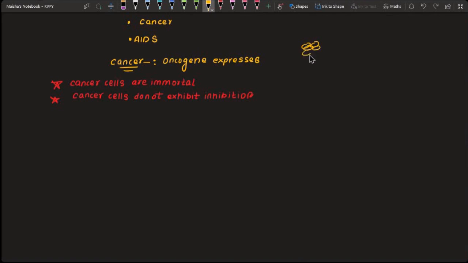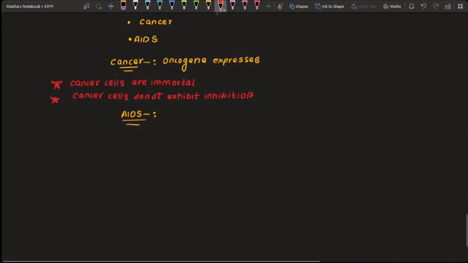So the body sends certain signals called stop signals, so that contact inhibition is avoided, because when it takes place, certain cells of the body will die. The body releases the stop signal so that all the cells stop dividing. Because cancerous cells are continuously dividing, they will not accept any signals. They only listen to themselves, and that is why they do not possess contact inhibition.